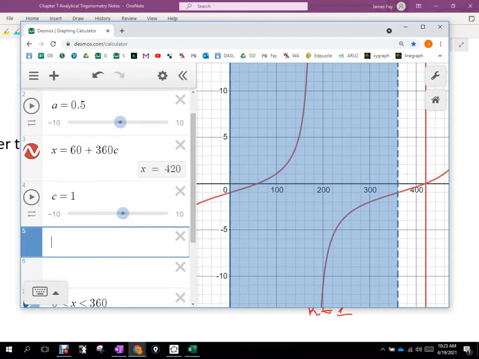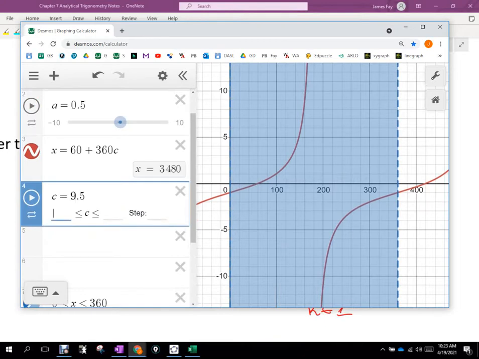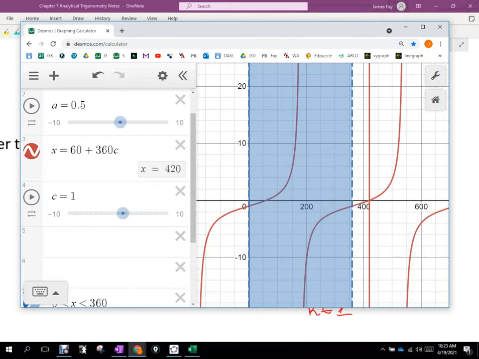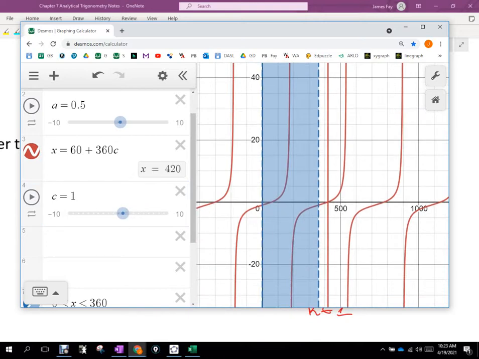There we go. So we go from -10 to +10, a step of 1. So what this is going to do for us, if I go down here to C being 0, which is my k value, do you see how that then produces those extra intersections? Okay.